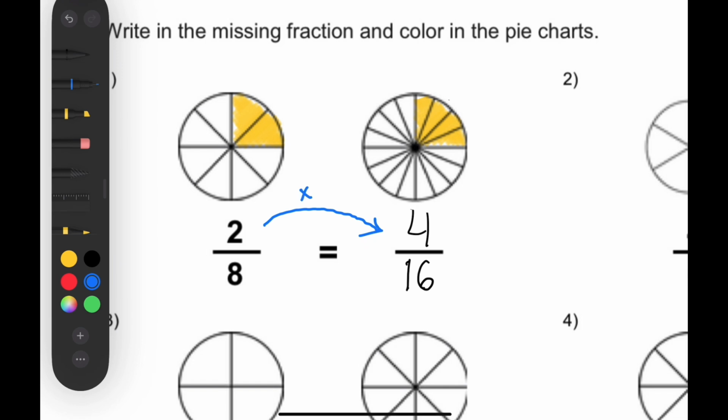Now, whatever we do at the top, we also do at the bottom. Multiplied by what? Well, I know to get from 8 to 16, I multiply by 2. So if I was missing the numerator, I know that whatever I do at the bottom, I do at the top, and 2 times 2 equals 4.